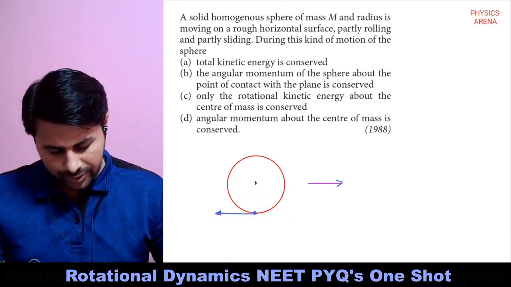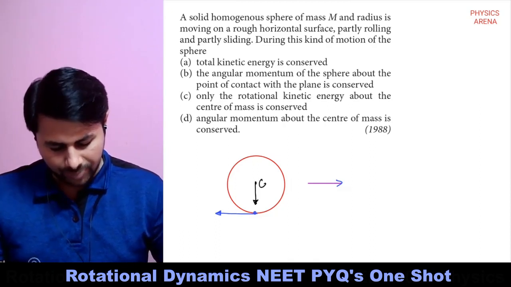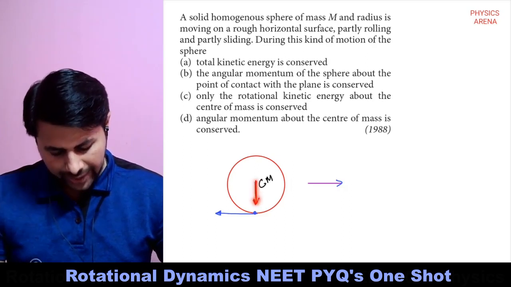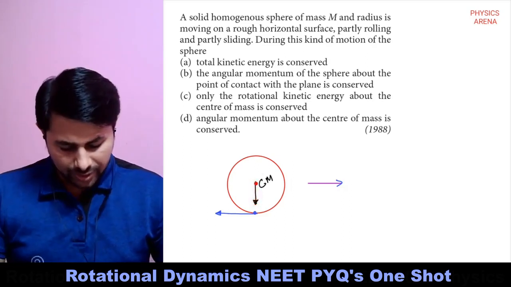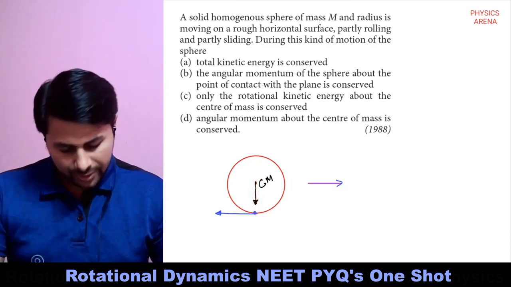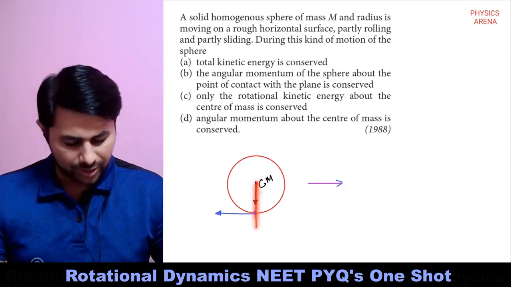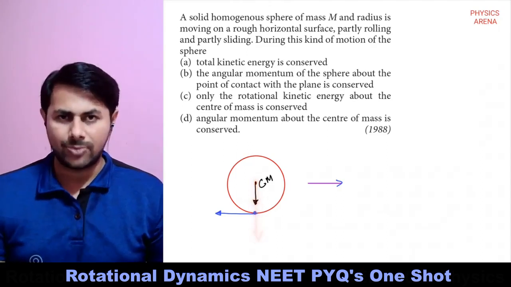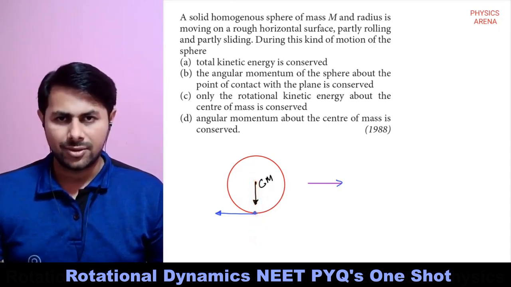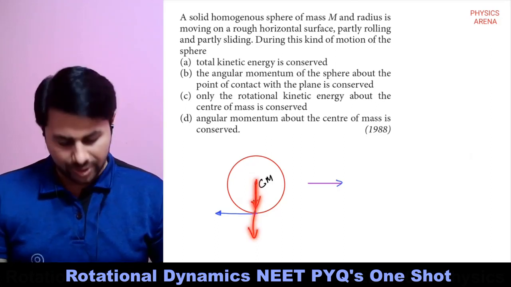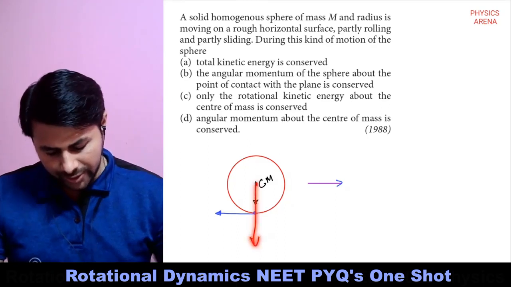And there is another force, gravitational force. So now this is center of mass. Gravitational force acts through the center of mass, but the center of mass is above the point of contact, right? So the line of action of gravitational force also passes through this point.